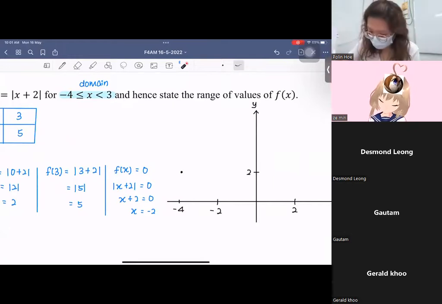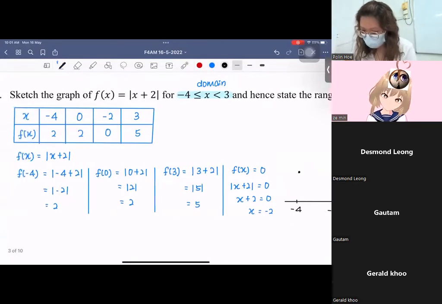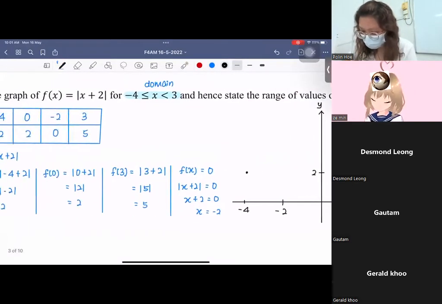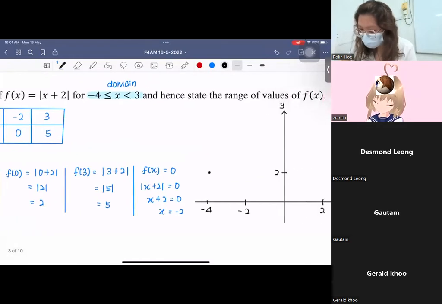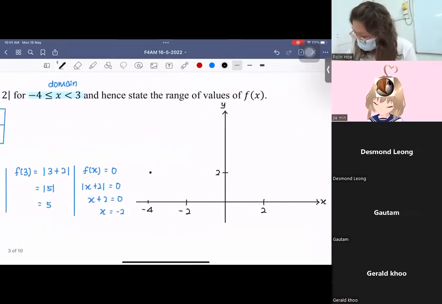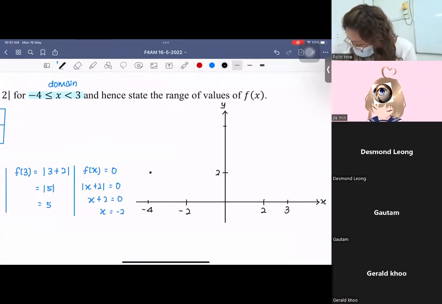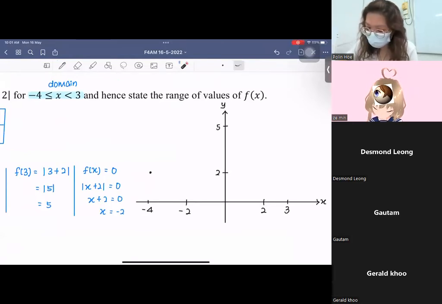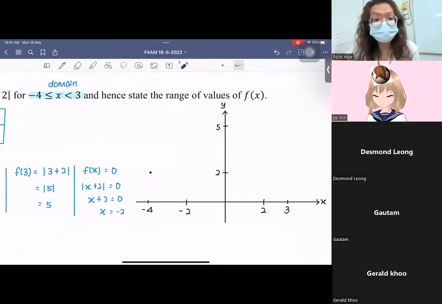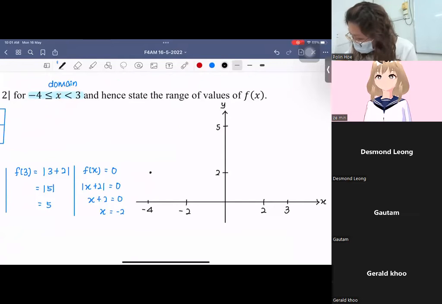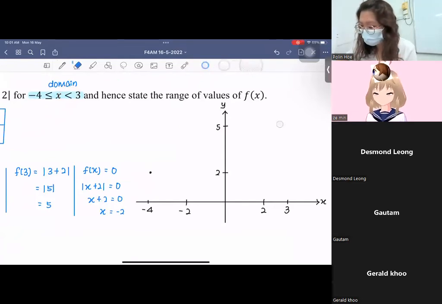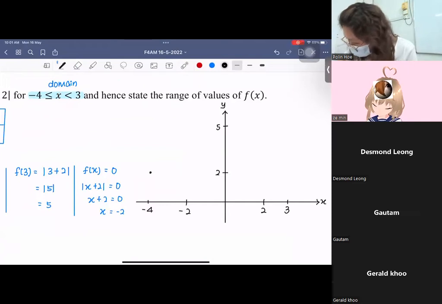After that, 0 and 2, this one is okay. And then the center one, -2 and 0. 3 and 5. My friend, look here. This is only smaller than, no equal sign. That's why it shall be a circle.